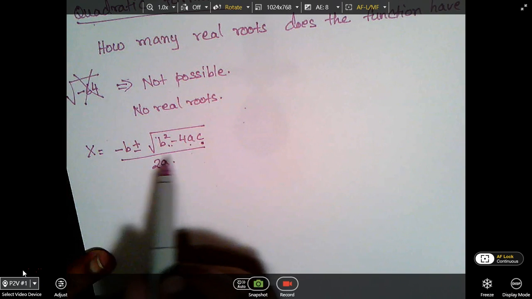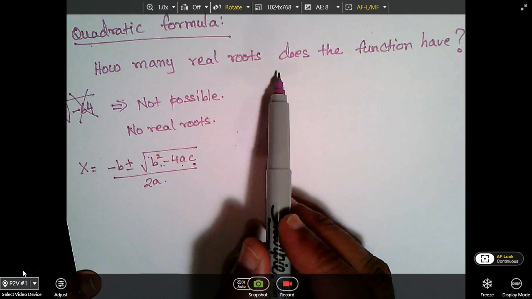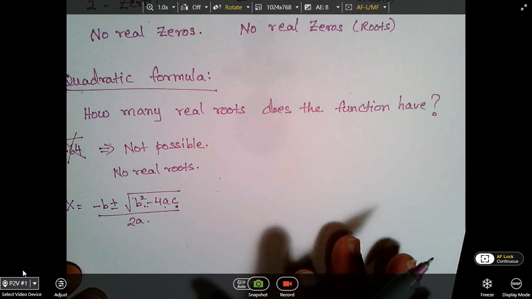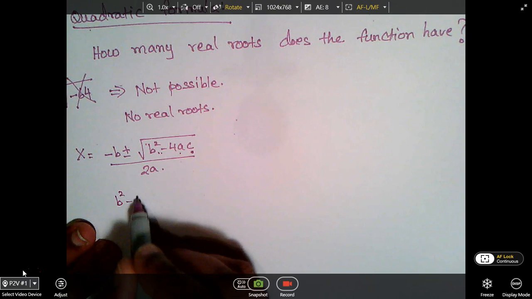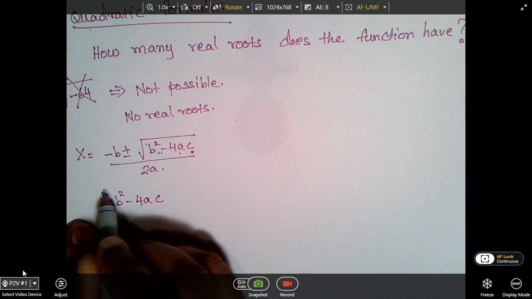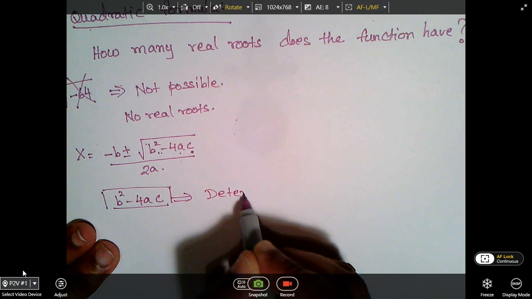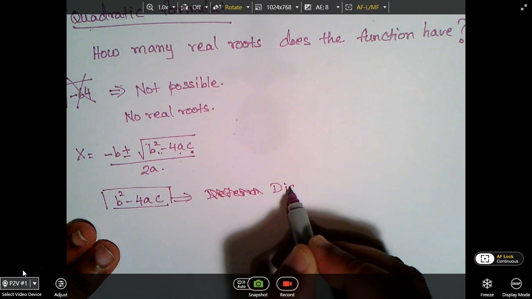So my quadratic formula comes in really handy to figure out how many real roots there are to my function. The question is, how many real roots does the function have? Whatever is under the square root, the b squared minus 4ac, is called the discriminant.